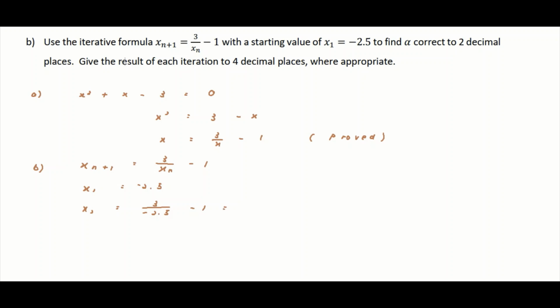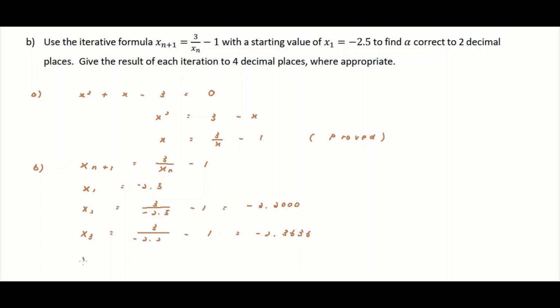They ask you to give the result of each iteration to 4 decimal places, so that's negative 2.2000. For the next one, you can write it again: 3 over negative 2.2 minus 1, and you will get negative 2.3636.